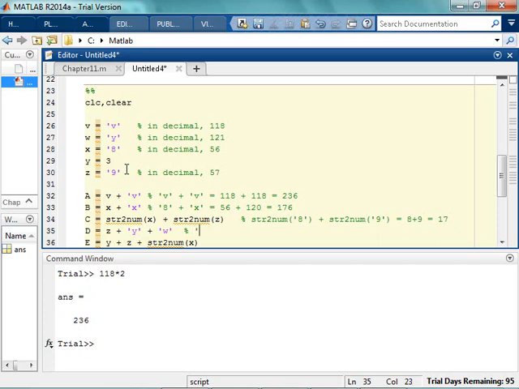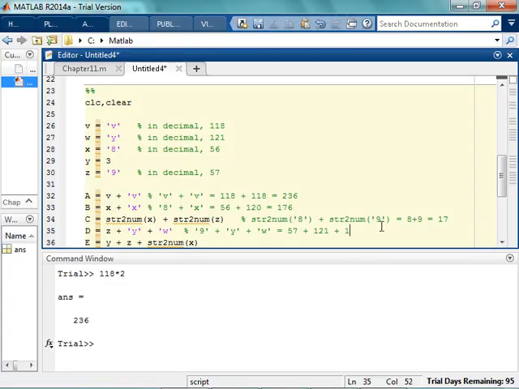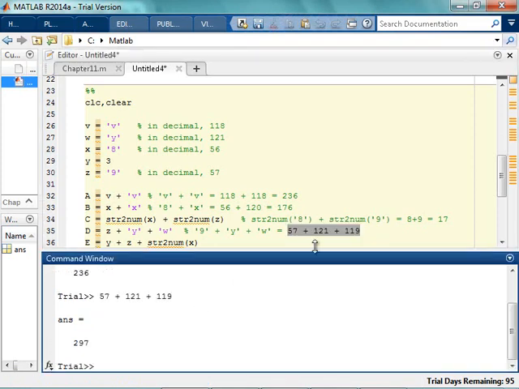z is 9 plus y plus w. 9 is 57, y is 121, and w is something I don't know. w is 119. So whatever those numbers are when you add them together, 297.